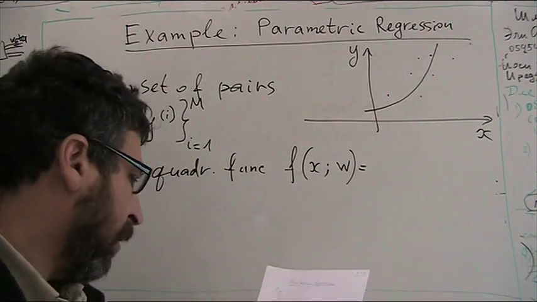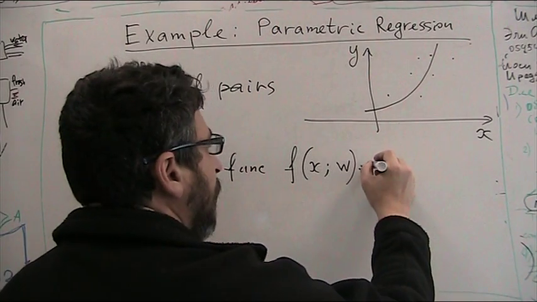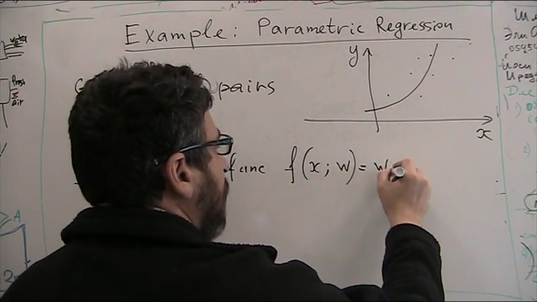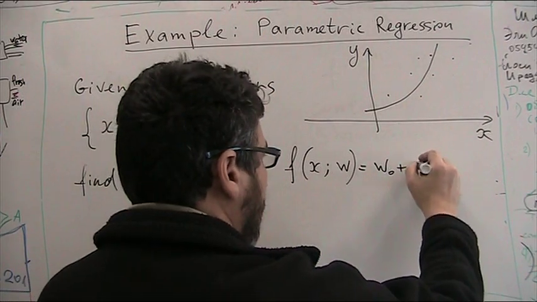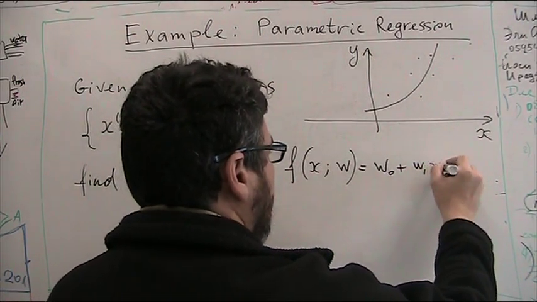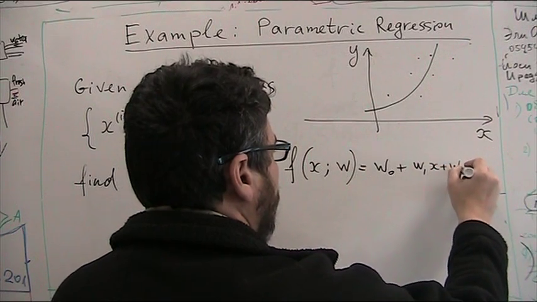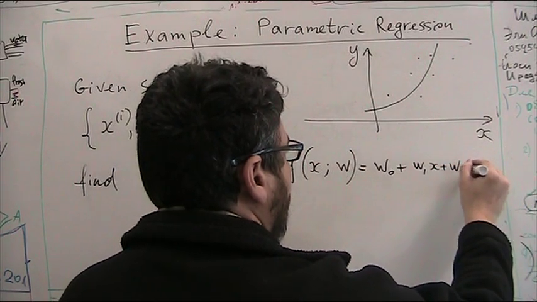So I will write it explicitly as w0 plus w1 x plus w2 x squared.